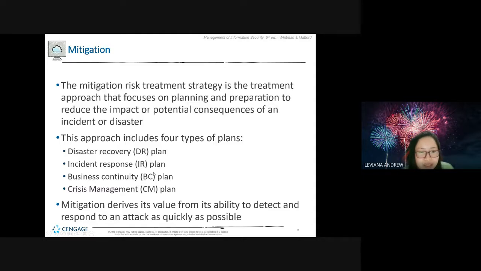Number two, response plan, business continuity plan, and crisis management plan. When any attack happens, these plans will be carried out. Any of these plans according to the policy.